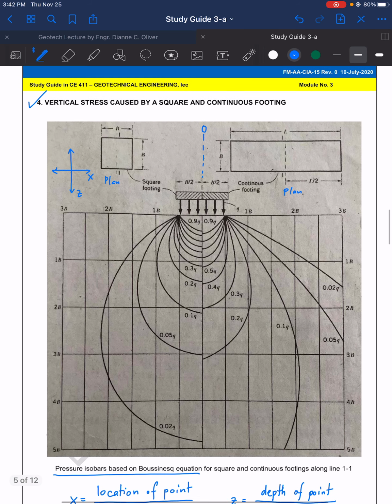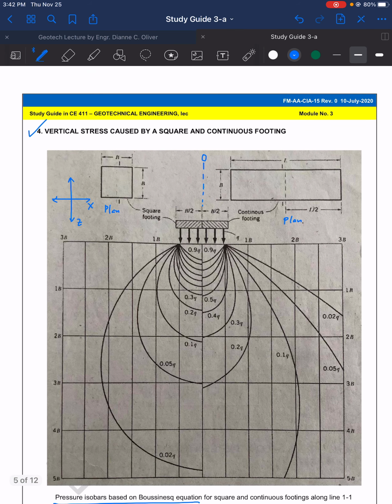Okay, and wherever the point falls in this chart, for example, if it falls somewhere here, therefore the formula for delta P becomes 0.05 multiplied with Q.